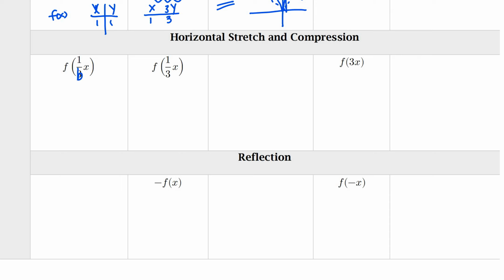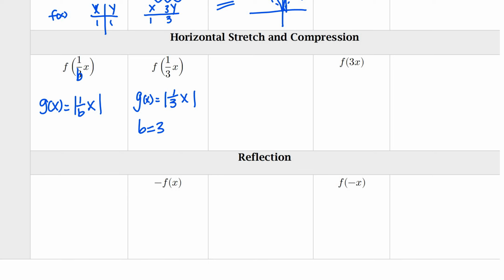So the new function is 1/b of x. I'm doing the same mistake here. For example, if the new function is 1/3 of x, that means b is 3. b is the denominator, right?